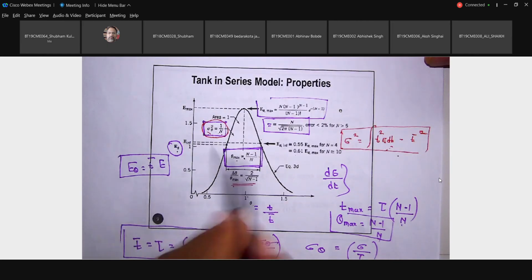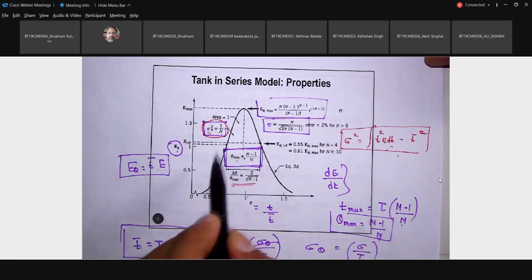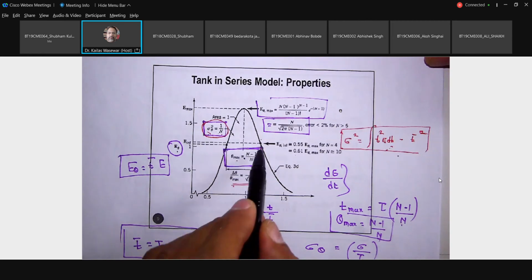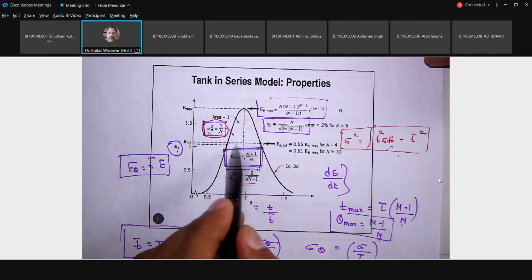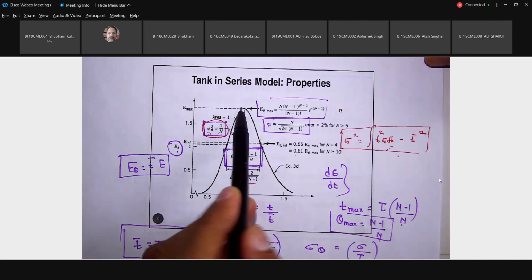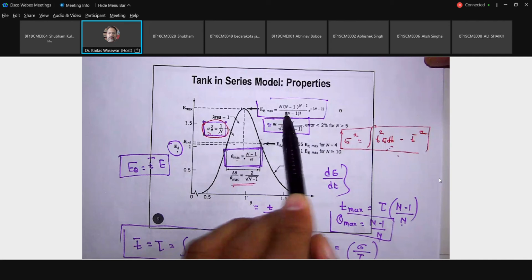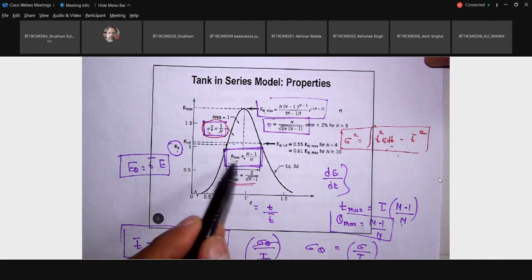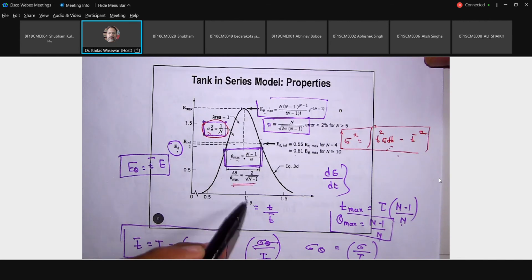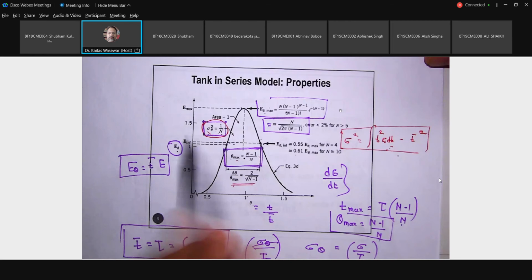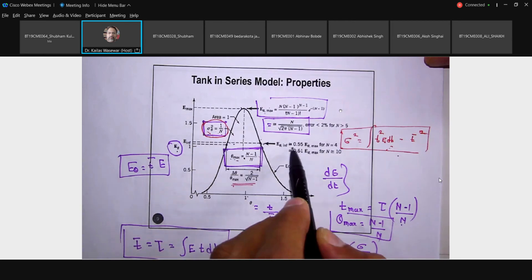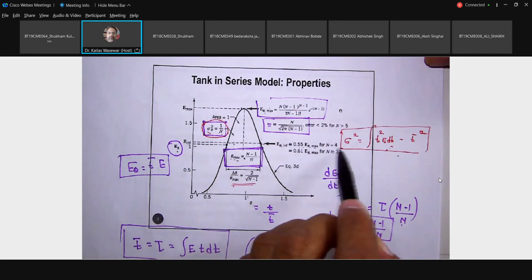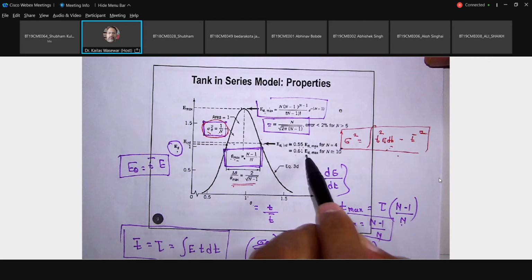The time for E theta max will be theta max. Not necessarily should it be 1 only, it may vary, and that will be n minus 1 upon n. E theta at a particular time is 0.55 E theta max for n equal to 4 and 0.6 E theta max for n greater than 10.